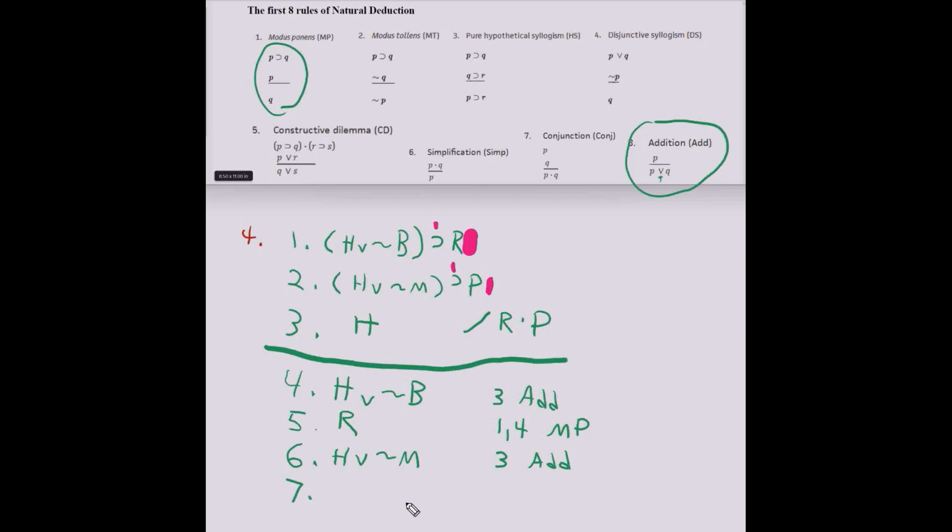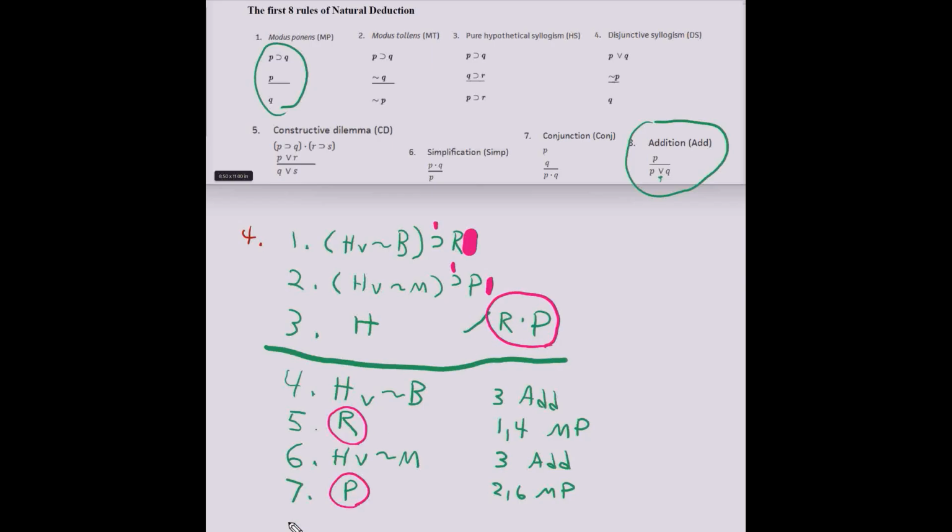Then I am going to use modus ponens again. This is true, therefore this follows. That's just modus ponens, so lines 2 and 6, modus ponens. And then, we have two things on different lines that we want to combine on the same line, because what we want ultimately is R and P. That's our conclusion.